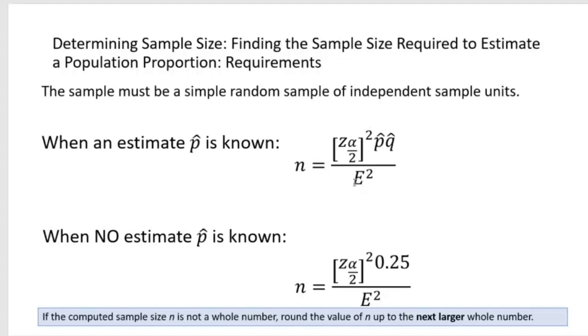You have to pre-decide how much of an error you're willing to include. Like, I don't want to be more than 3% off. Well, that would be your error. Or I want to be within 2% of, okay, well then 2% would be your error. So you have to decide how much of an error you're willing to tolerate, or that has to be provided for you in the question. And then it is a matter of using those formulas, and you will need those formulas.